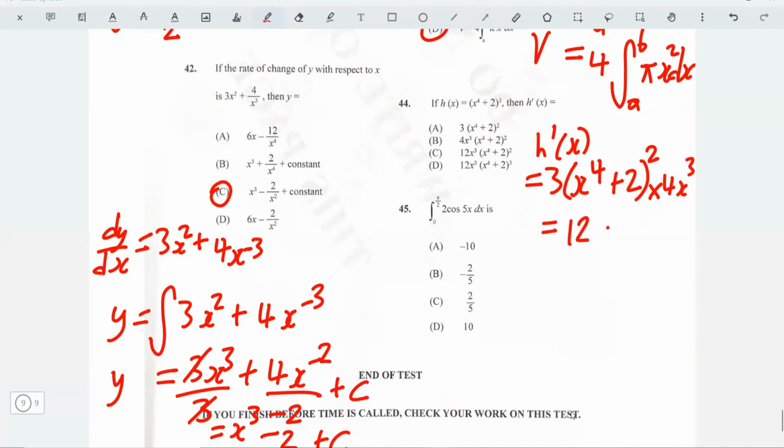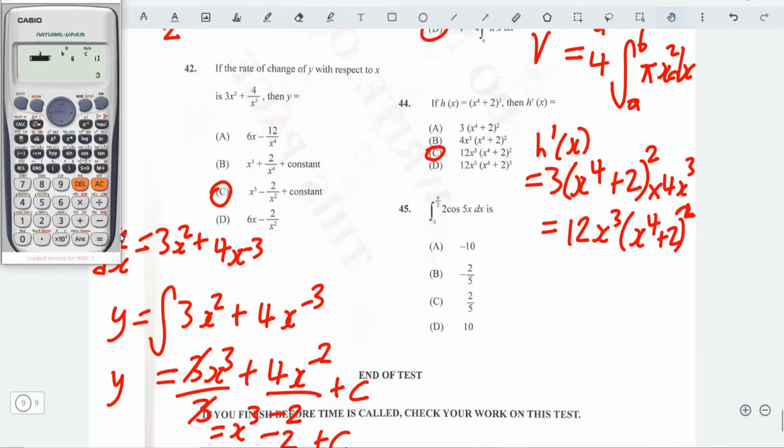That's 12x cubed in bracket, x to the 4 plus 2, all squared. That's option C.